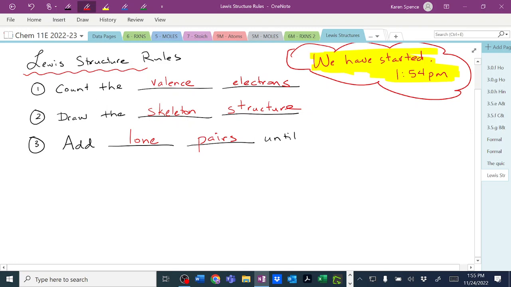Lone pair looks like this or that. Okay, so it's a non-bonding pair.